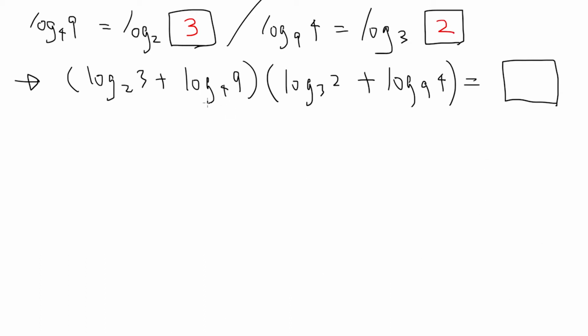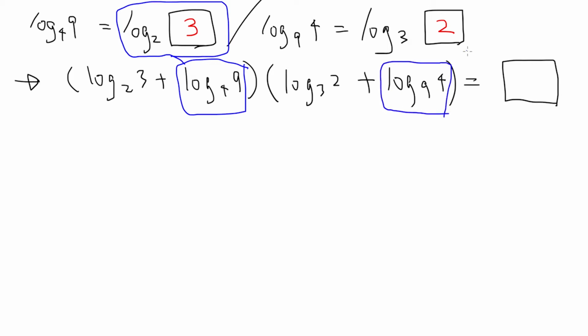So next, let's replace log base 4 of 9 with log base 2 of 3. And let's also replace log base 9 of 4 by log base 3 of 2.